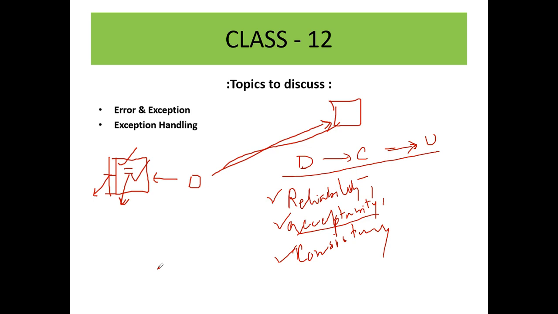Okay, and how can we do that? We can do that using just simple if else. But in case of object oriented programming we have some other option, that is called exception handling. It's not like we must need exception handling in our program.